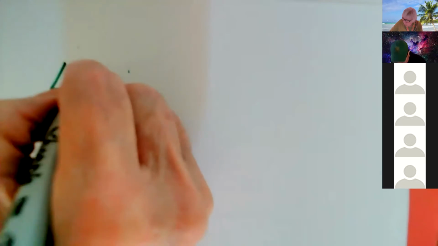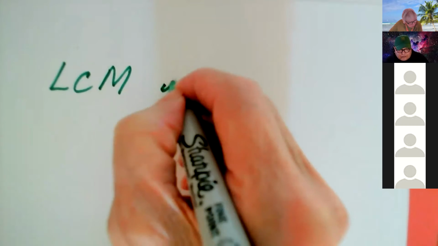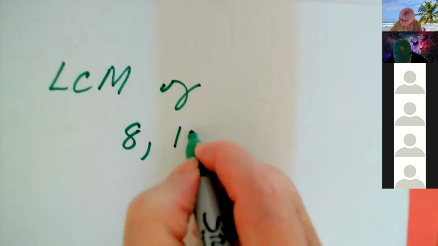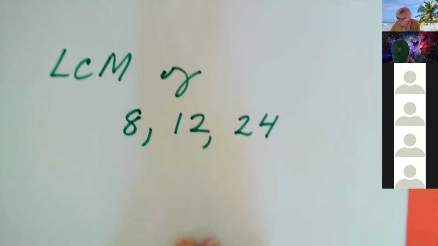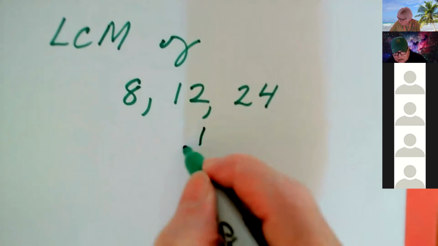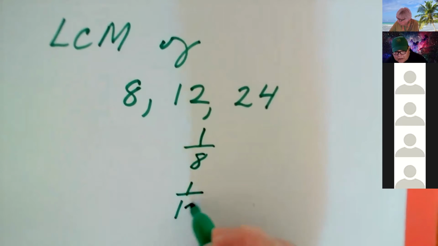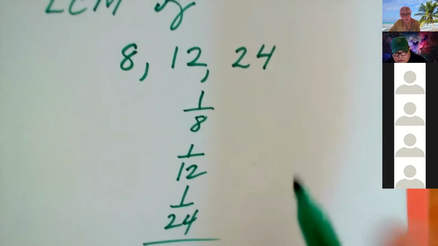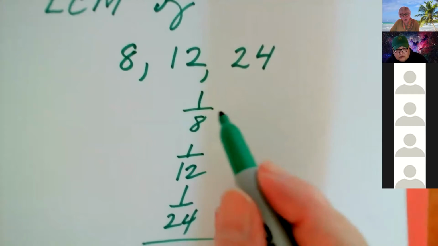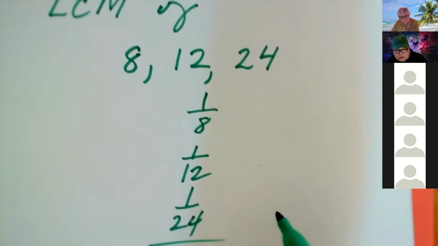Here's another one, and we've actually done this: the least common multiple of 8, 12, and 24. If you need to visualize this, and I'm just making up numbers, which number could all three go into? 24.